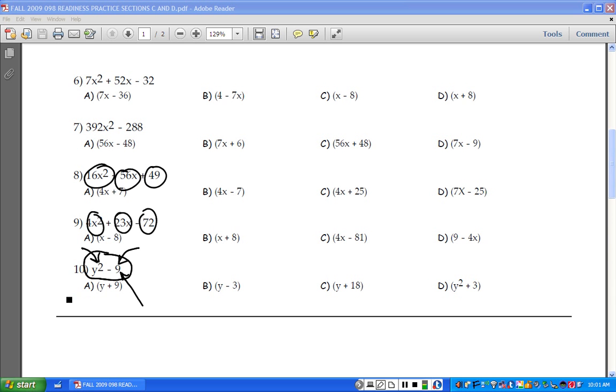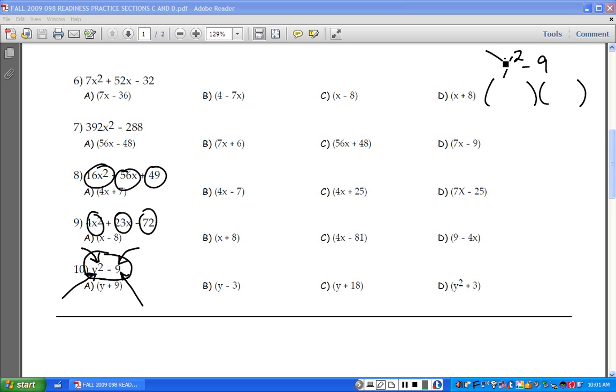So tell yourself when you're factoring 2 terms for this test in particular, you're usually going to be dealing with the difference of perfect squares. And what we notice is y squared is a perfect square, and we know 9 is a perfect square. So we set up our parentheses.